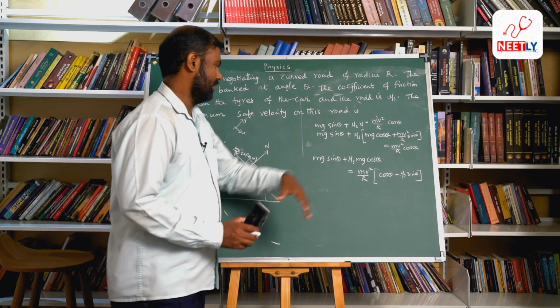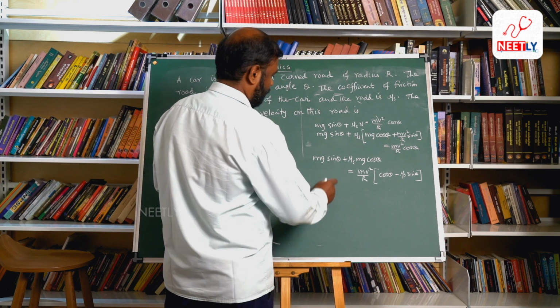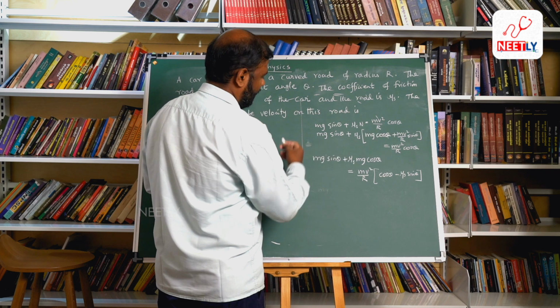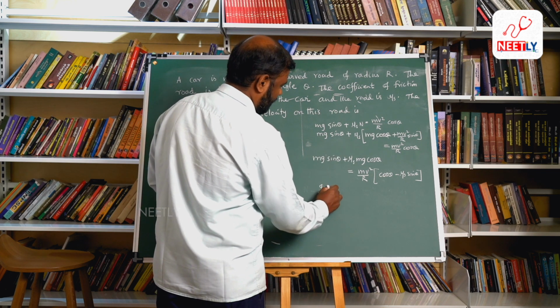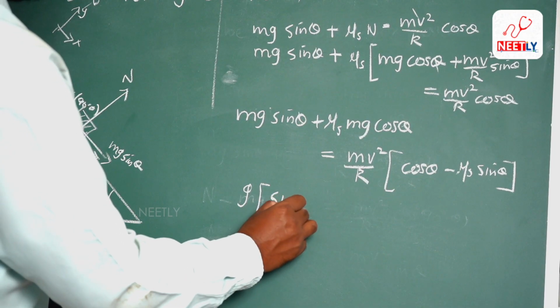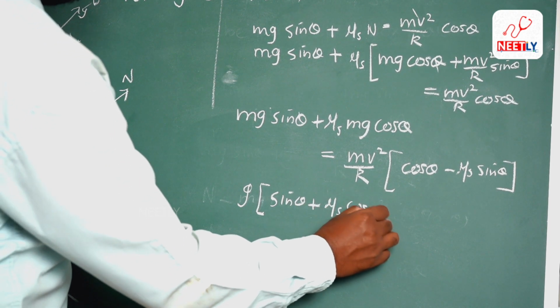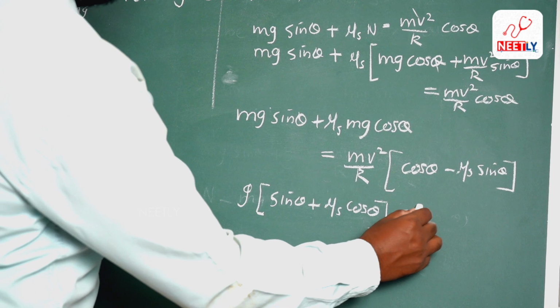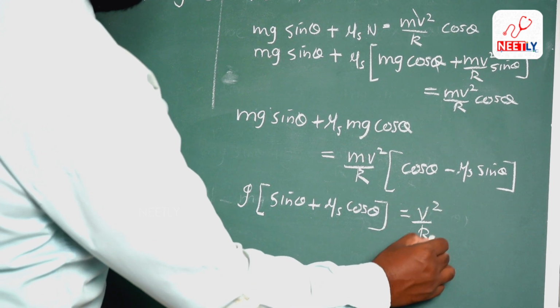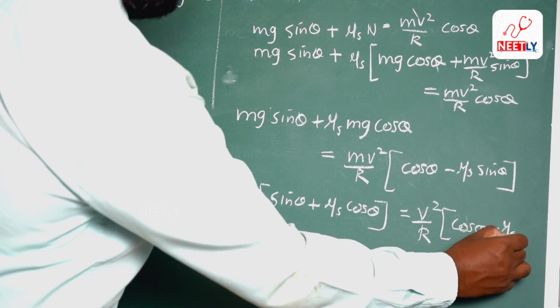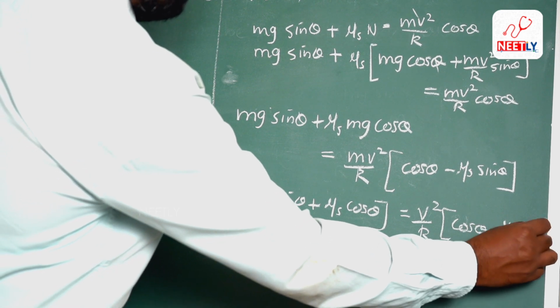Here in all the cases m is common, so I can remove the m. So, I have g sin theta plus mu s cos theta equals v square by r times cos theta minus mu s sin theta.